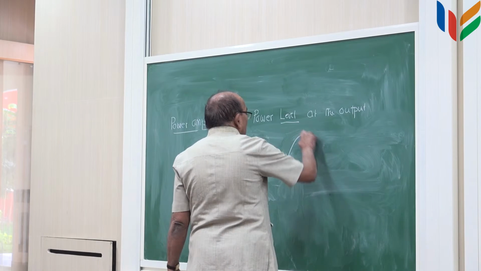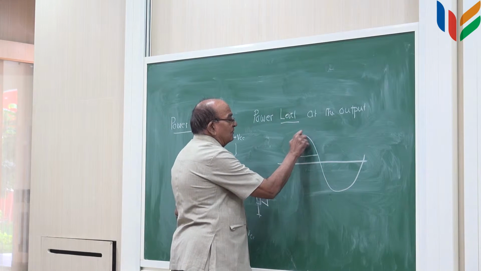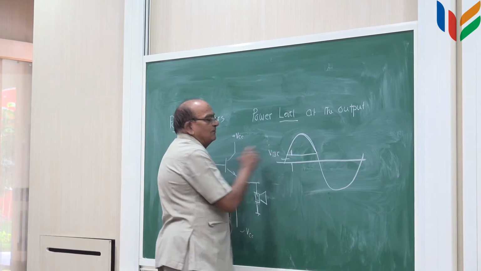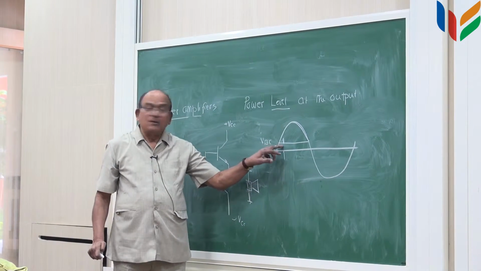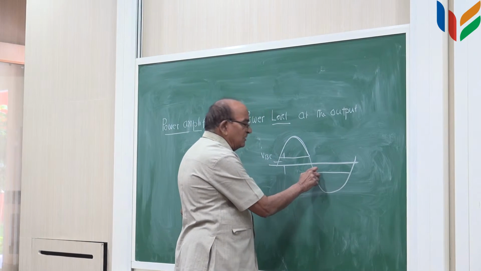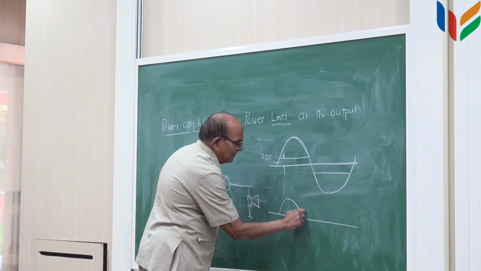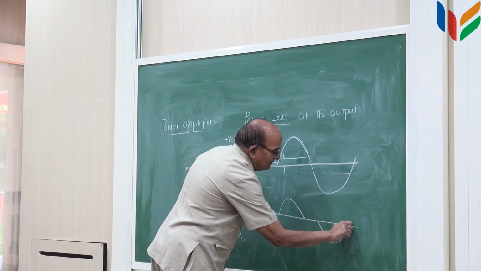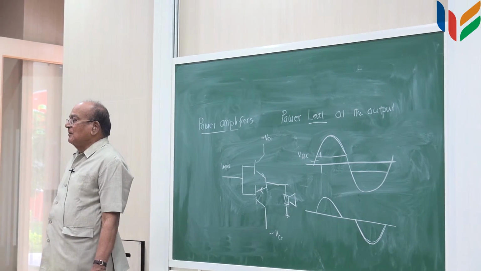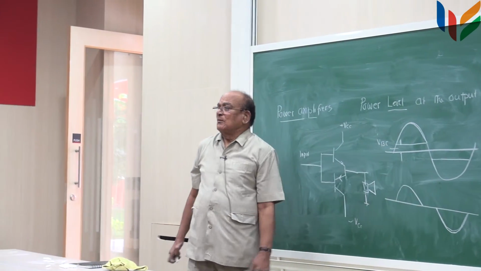So, if you have a sine wave, stop me if you are not understanding. Conduction will start only for this portion. This is your VBE. Until this value reaches, this will not start conducting. Similarly, here this fellow will not start conducting until this value is reached. So, the output current will not be a full sine wave, but part of the sine wave with this much portion removed from this side.